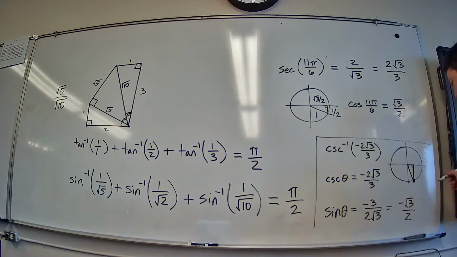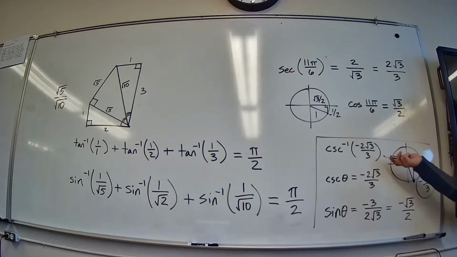It's negative pi over 3 is the answer. And that part can be confusing because you're like, well, wait a second. Doesn't 5 pi over 3 produce that sine value that I want? And the answer is yeah, but when you're doing an inverse function, you're restricting yourself to outputs between negative pi over 2 and positive pi over 2. However, if you put 5 pi over 3, I'd be like, it's barely wrong.